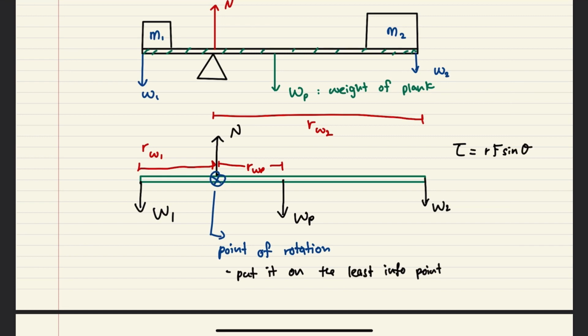So if you put the point of rotation over here and substitute torque equals R N sine theta, the R here will be equal to 0. So the whole thing is 0. The normal force does not produce torque, because it is sitting on the point of rotation, which you chose by choosing this position over here.